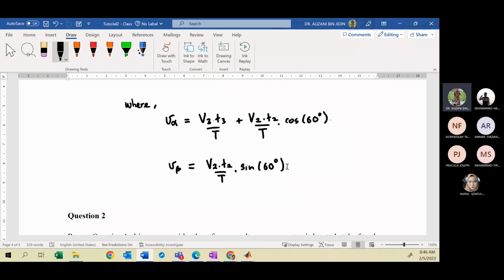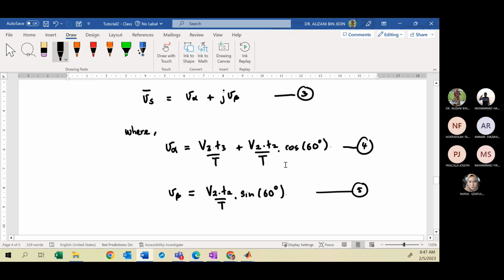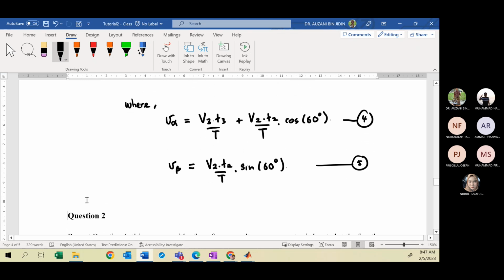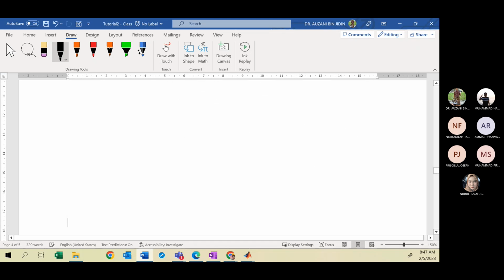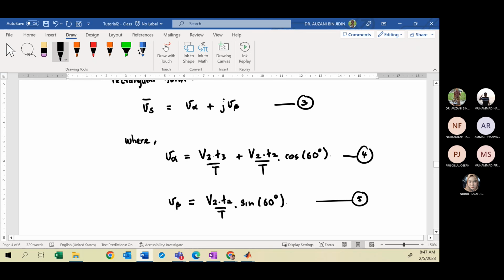Okay, so this equation, maybe we can write as equation number 3, here equation number 4 and 5. Okay, so far okay?